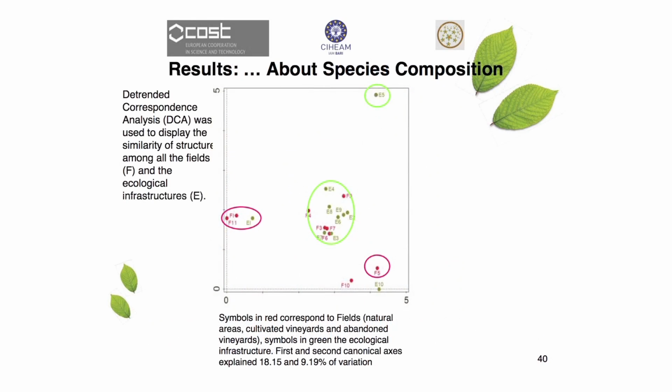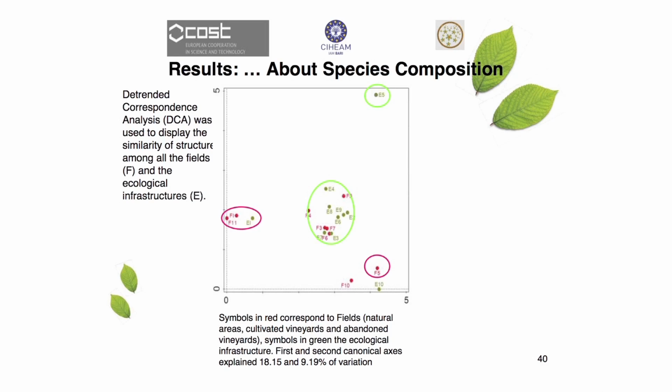What we can say after this, applying multivariate analysis, a simple detrended correspondence analysis to see the similarity of the fields in terms of flora composition, is that the flora composition of the two natural areas, together with the ecological infrastructure, their border, clusterize in the same place.